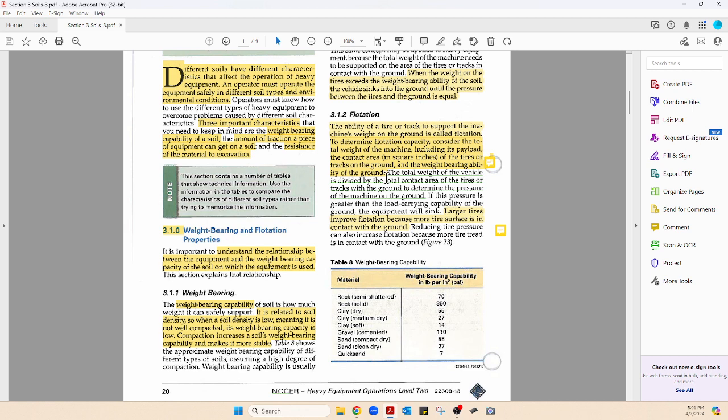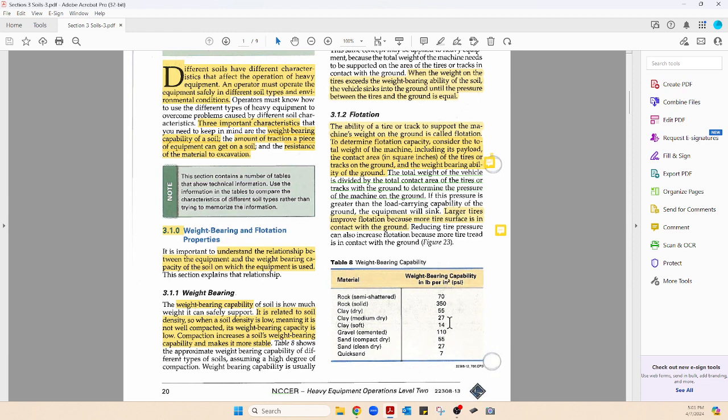So you take the total weight of the vehicle divided by the total contact area of the tires. I took 110,000 pounds and divided it by 624. That gave me 176.2 pounds per square inch, which is the pressure I would be pushing down from my load.